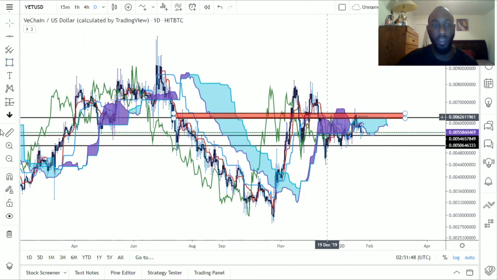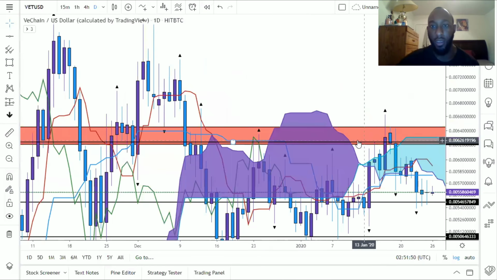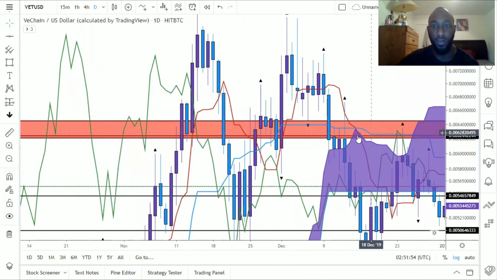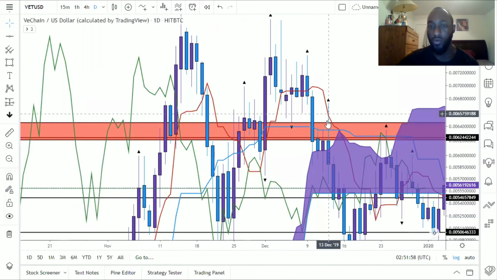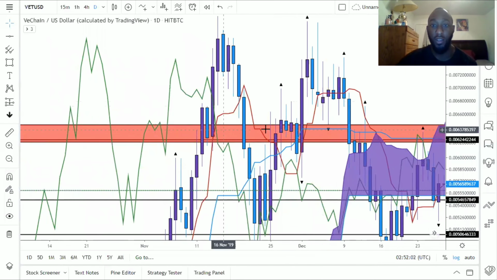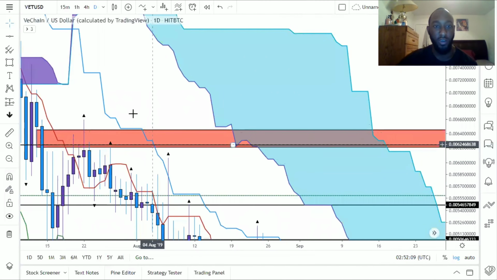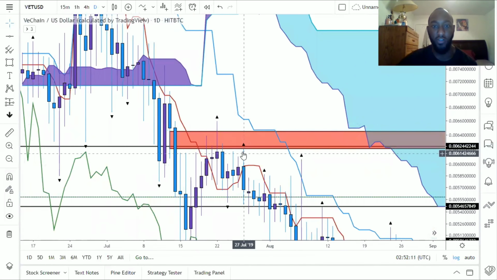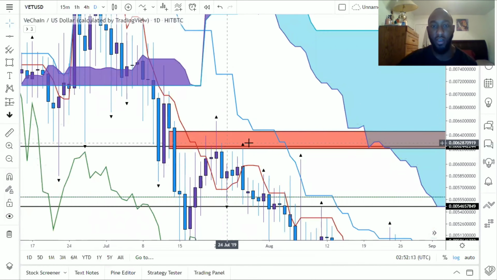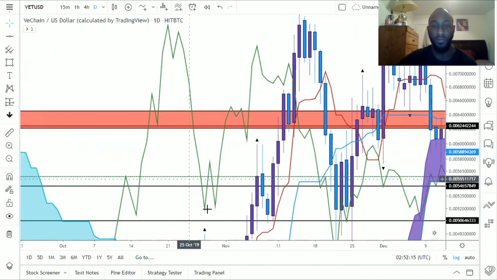So this whole zone here, if you see, it touched in here, touched in here, touched in here, kind of broke through but rejected. So that would have been a good selling opportunity. Kind of played in here a little bit. Let's move on over. Touched in here as well. Touched here. So this is a good area of support and resistance.